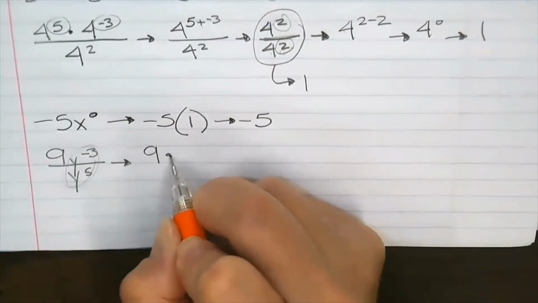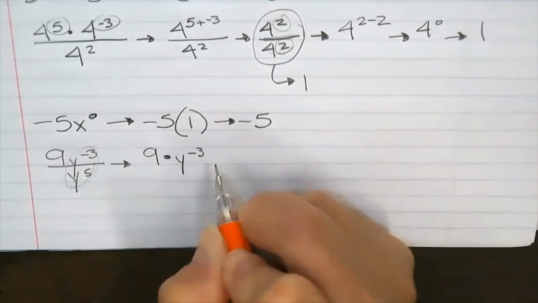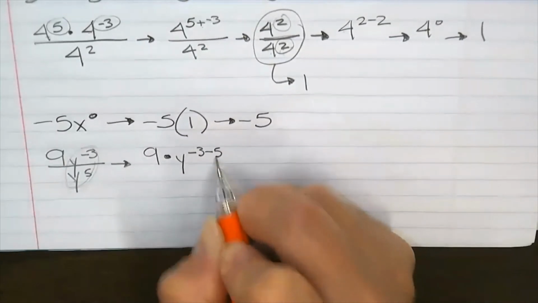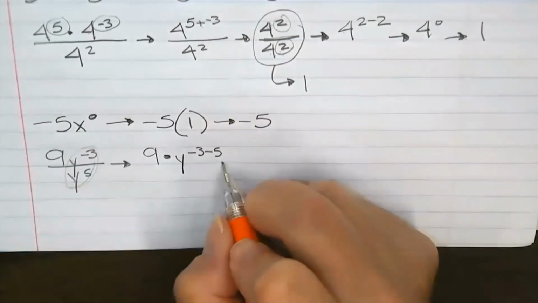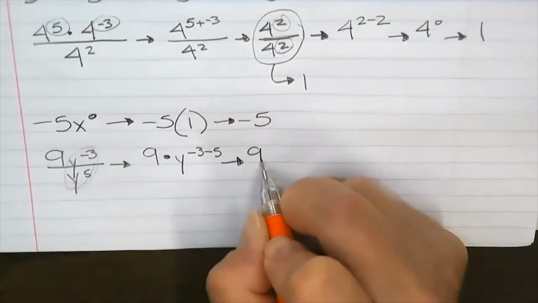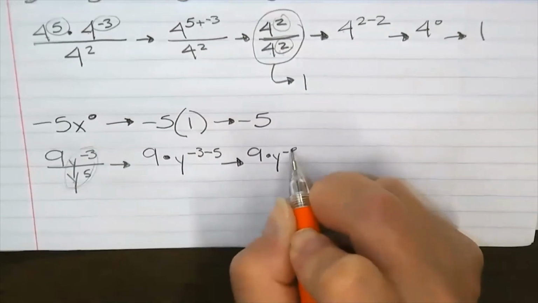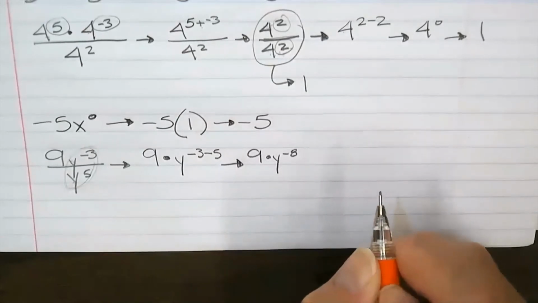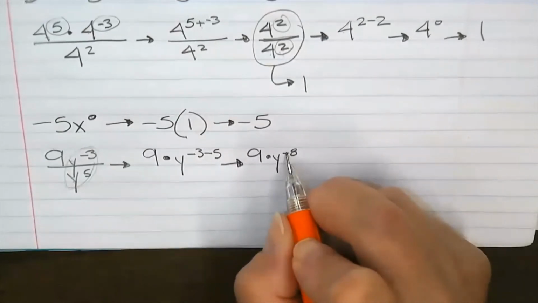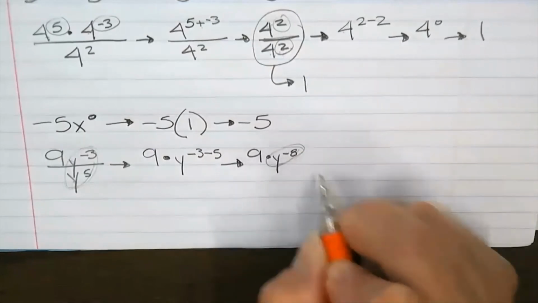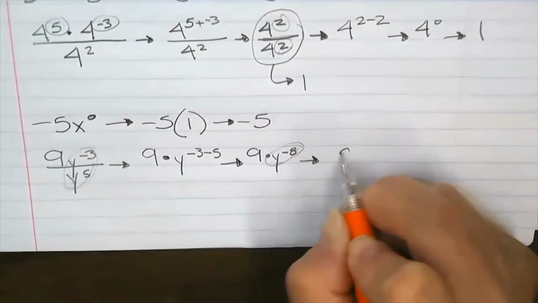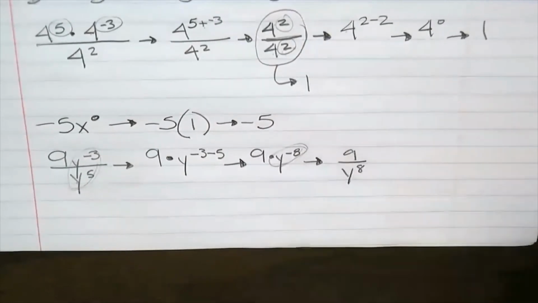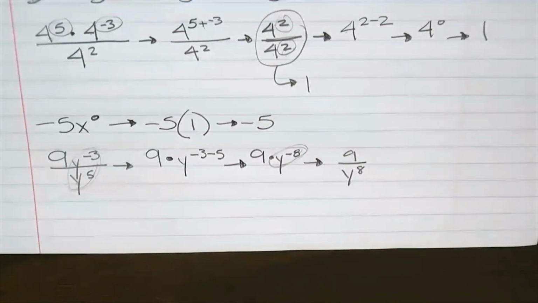So I have 9 times y to the negative 3 minus 5, so this is 9 times y to the negative 8. Now, because my exponent here is negative, you see that? It needs to be in the denominator.